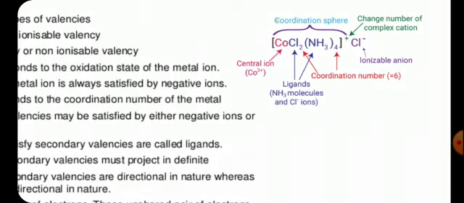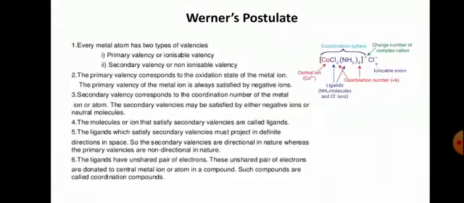sphere. So Werner said a normal coordination compound has two valencies. One is the oxidation state of the central atom, that is the primary valency, and the coordination number, which is the secondary valency. Also, it has two spheres.